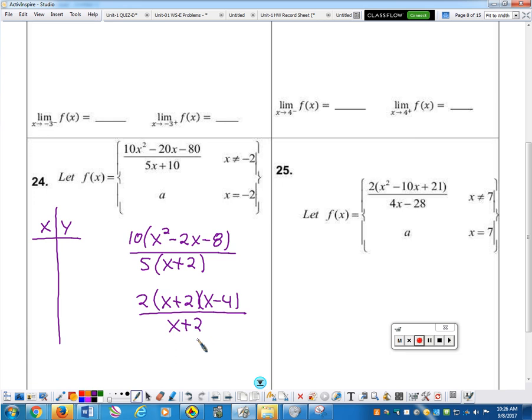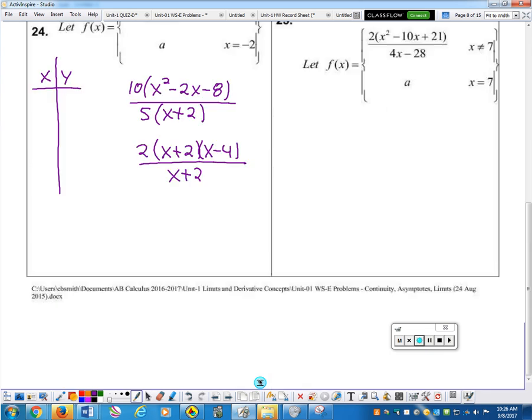Let's catch up. Everybody okay? If we do like we did earlier today, if we split out the factoring a little bit, we get 2 over 1. Like that. Questions there?